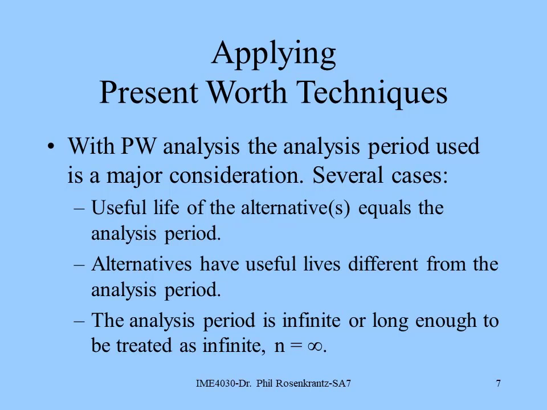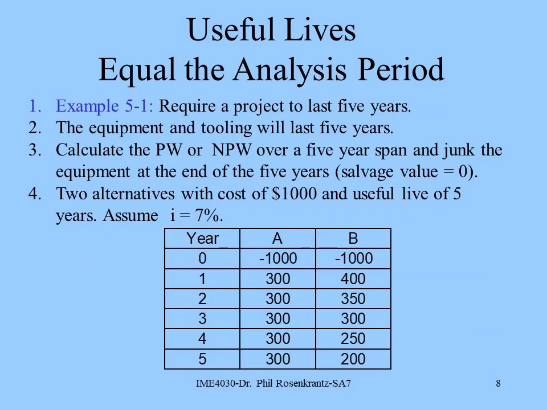Let's go to slide number 8, and we'll start talking about a situation where we have useful lives that equal the analysis period. I'm going to do this by talking about example 5-1 in your text. You're welcome to turn to that if you like, but in this particular example, I have most of the relevant data right here in the presentation.